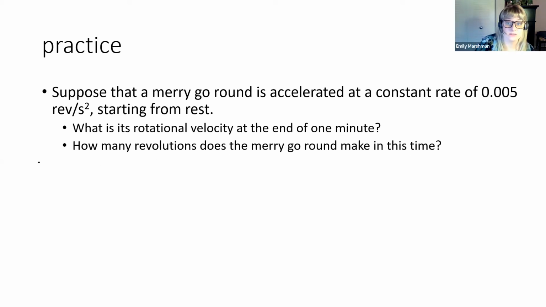So let's write down what we're given. We know that it's rotating at a constant rotational acceleration of 0.005 revolutions per second squared. And it also says it starts from rest, so its initial rotational velocity is 0 revolutions per second.